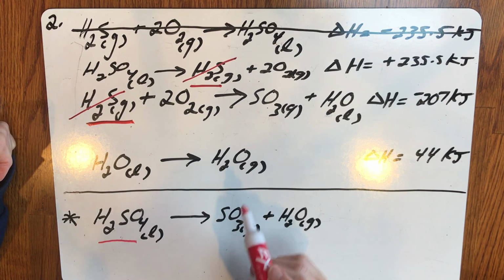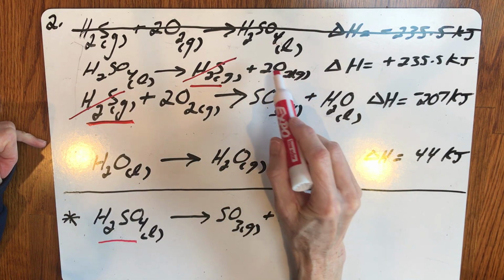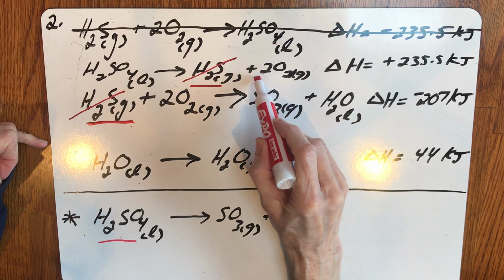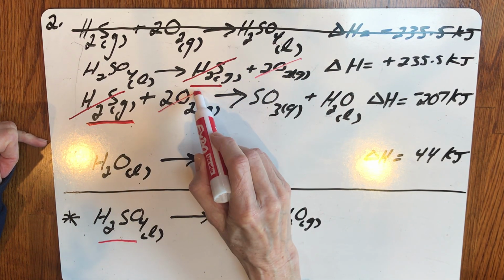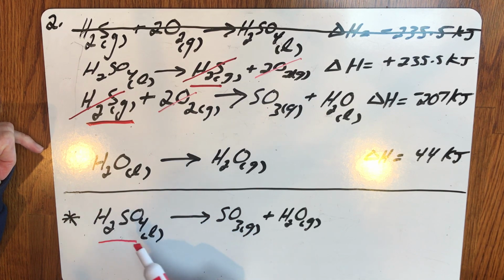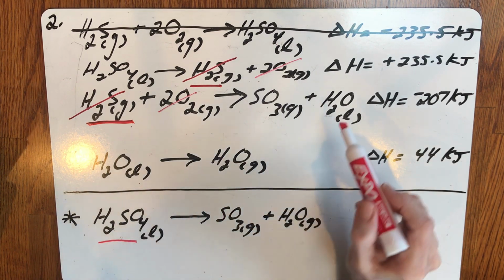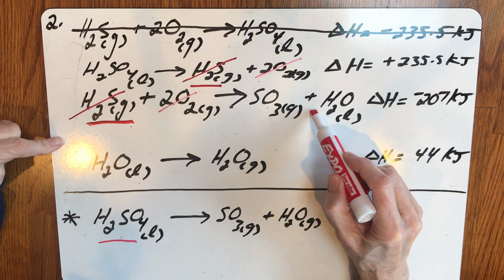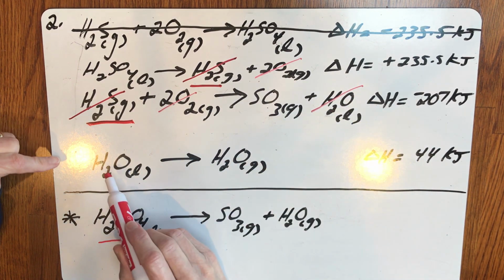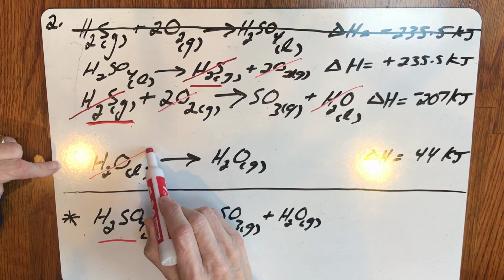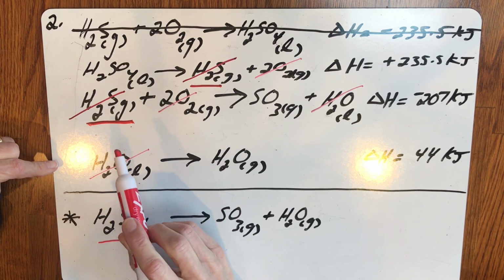Then the other thing that I see is the 2O2, and the coefficients have to be the same. That cancels from product side to reactant side. And then there's one other thing that I would be able to cancel out, which would be H2O liquid on this side of the equation in this one, and H2O liquid on this side here.